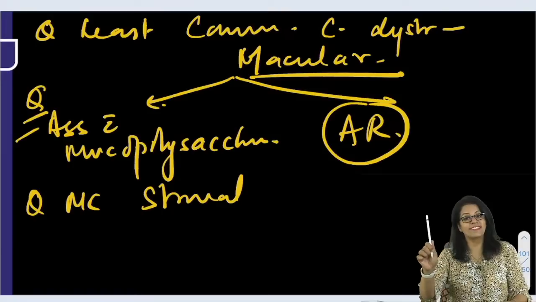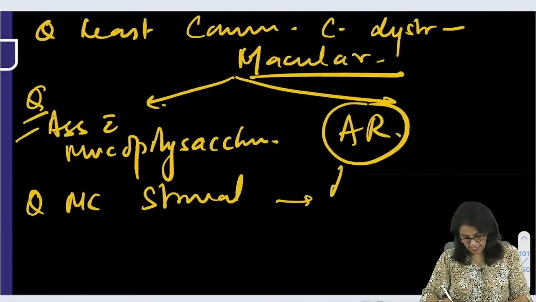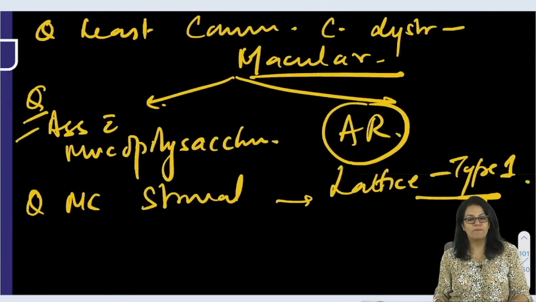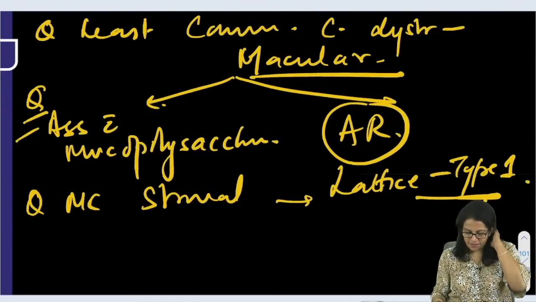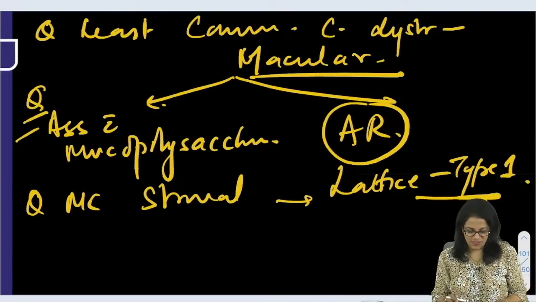Overall most common was microcystic, but most common stromal, microcystic is epithelial. So in stromal it will be lattice type 1. Lattice type 1. So, just revise your corneal dystrophies.